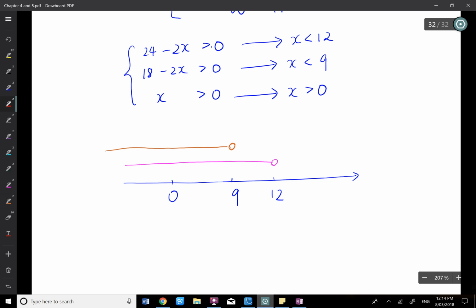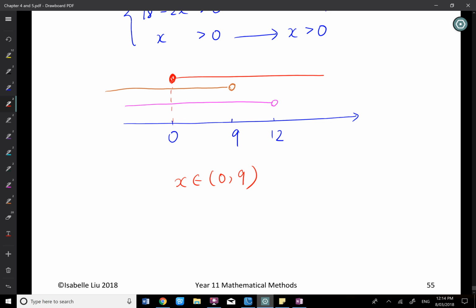Also need another one which is greater than 0, open circle here, go that way. You want the place where your x has 3 colors, which is in between 0 and 9. But not including 0, not including 9, because there's no color for this here. So x belongs to 0 to 9 exclusive. That's the domain for this function.